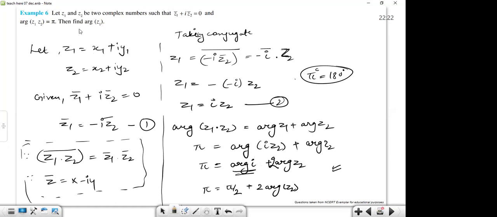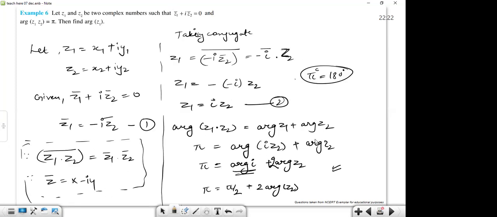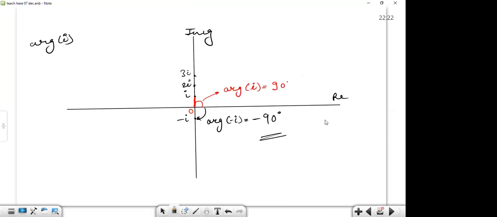What we had to find out? Where is the question? We had to find out the argument of z1.